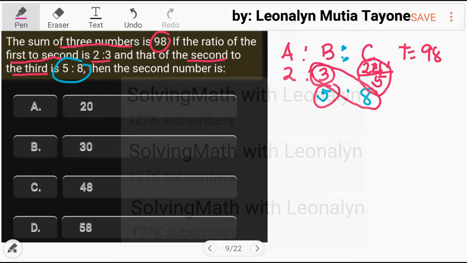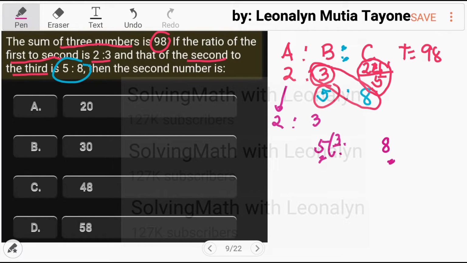Let me explain this again. 2, i-keep muna natin si 2. 2 is to 3. Now, B is to C ay 5:8. All you have to do ay mas magandang i-multiply natin itong dalawang 5 at saka 8 ng 3 over 5.